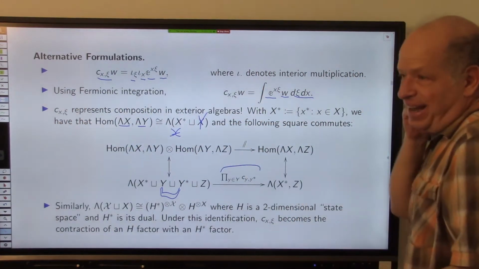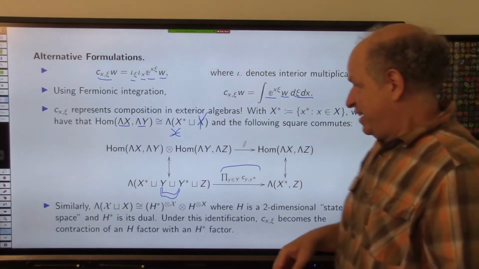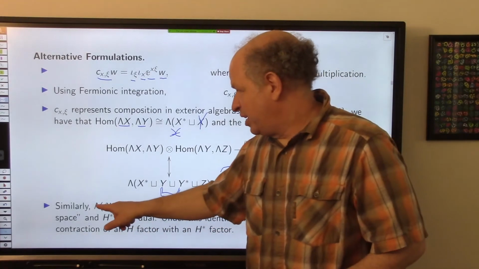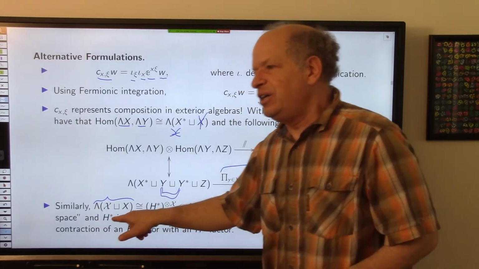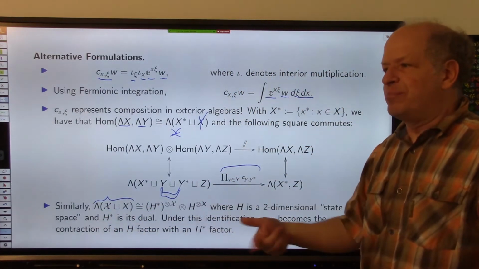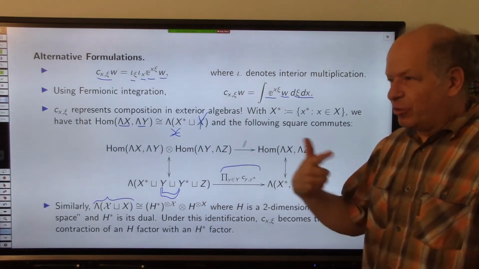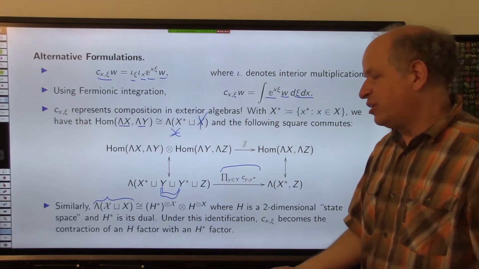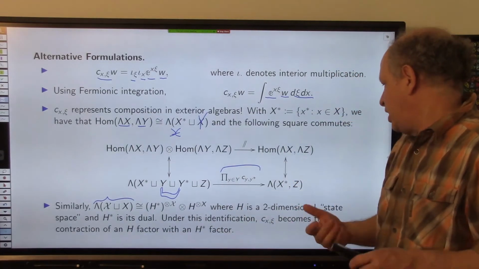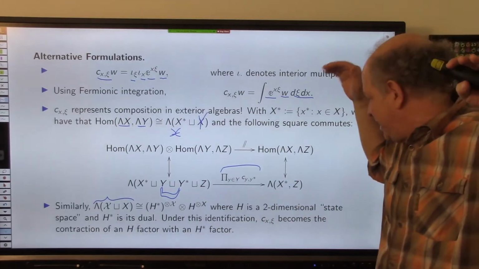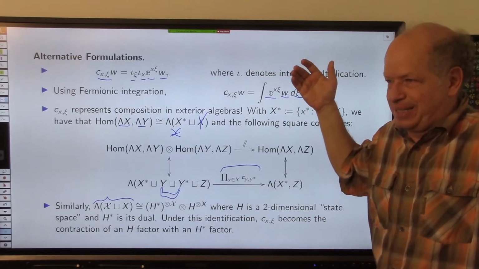And then the claim is that contraction is really composition. And then the final interpretation is that the dimension of the exterior algebra is 2 to the power the number of generators. So it can be identified with a tensor power of some two-dimensional state space or Hilbert space.